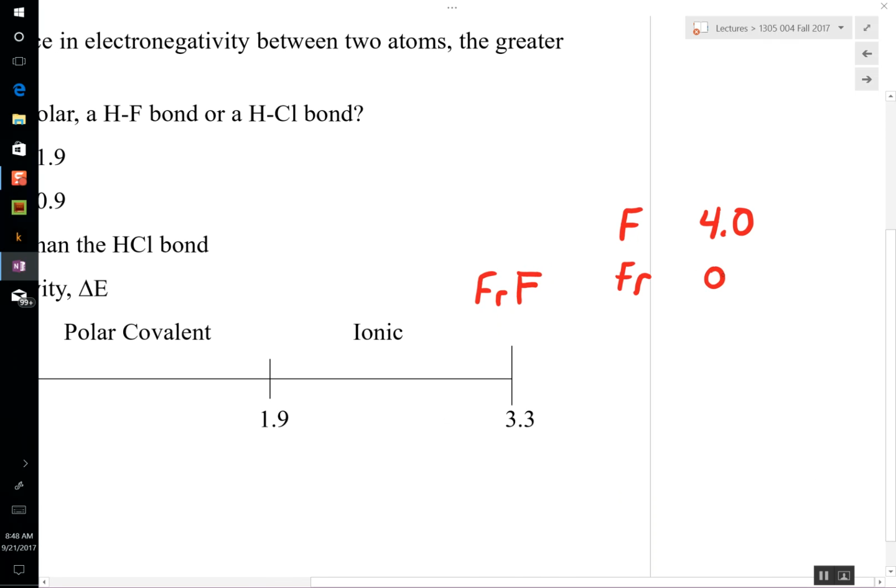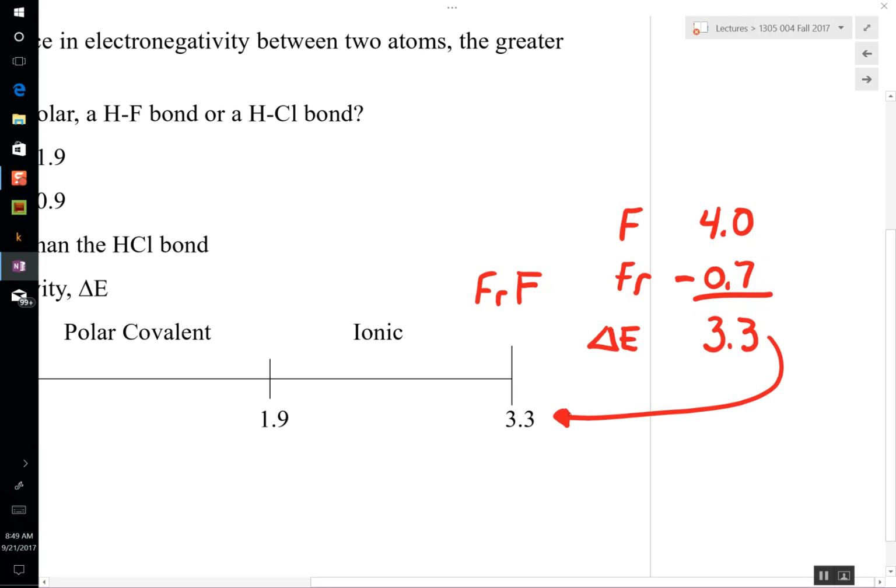Francium has an electronegativity of 0.7. And what I'm going to do here is the difference. Delta E is going to be the difference in electronegativity between the two elements. So I subtract the one from the other, and I get a 3.3 difference.